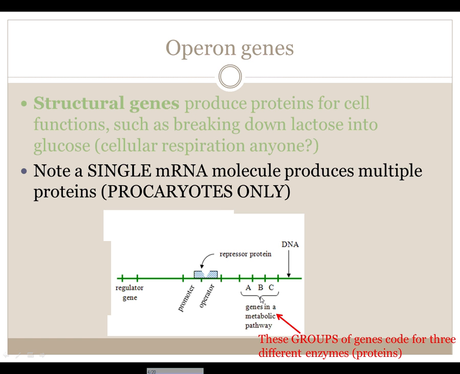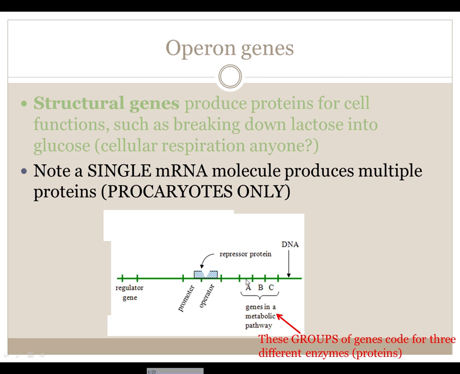One thing to note is that with this prokaryote, if we have the RNA polymerase go along here and make the mRNA, what you would make is mRNA that can produce multiple proteins.